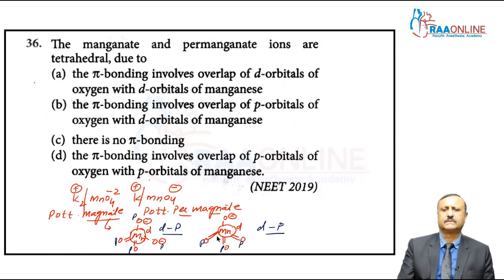When the same type of overlapping is present, the molecular geometry is the same. So, you can go with question number 36, the answer is B. And this question was asked in NEET 2019.